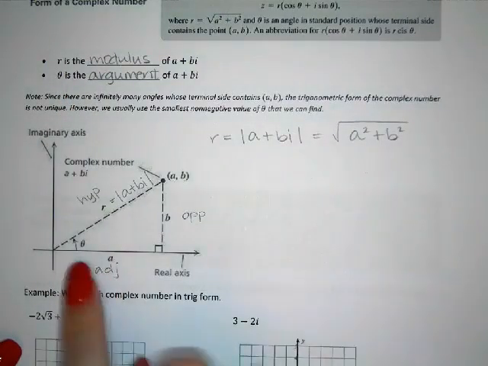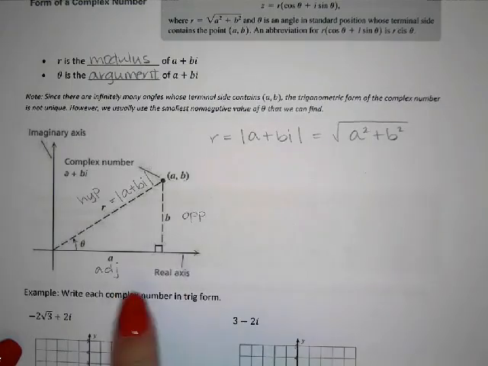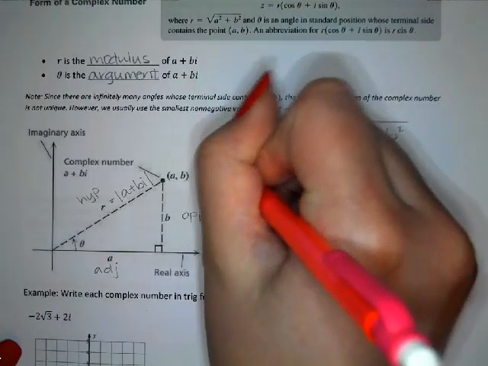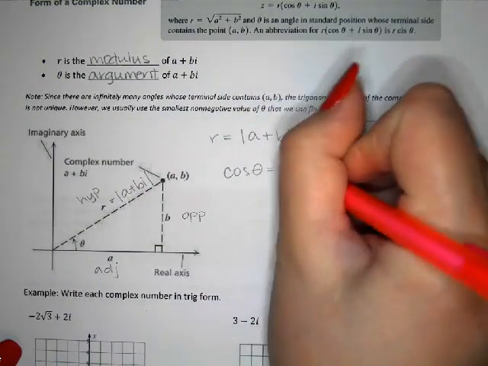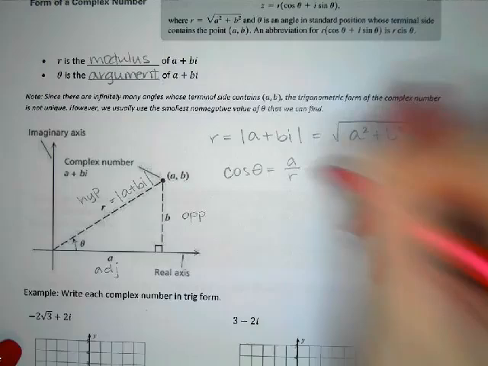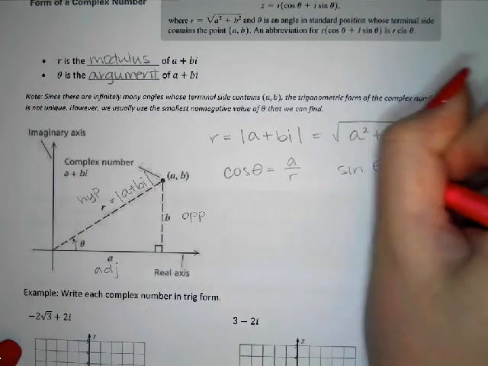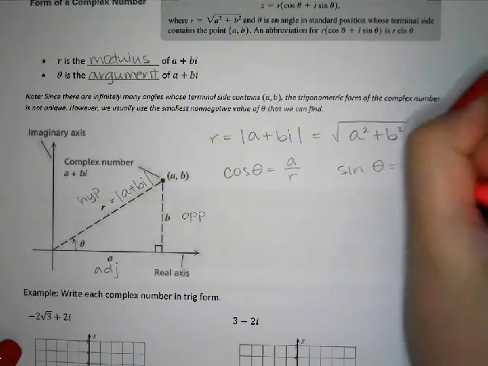So if I look at this picture, then if I wanted to find cos of this angle, I would say that cos theta is adjacent over hypotenuse, is a over r. And sine theta is opposite over hypotenuse, which is b over r.